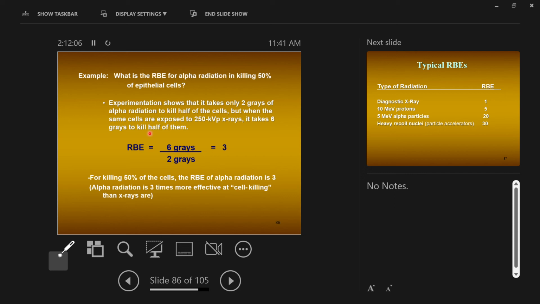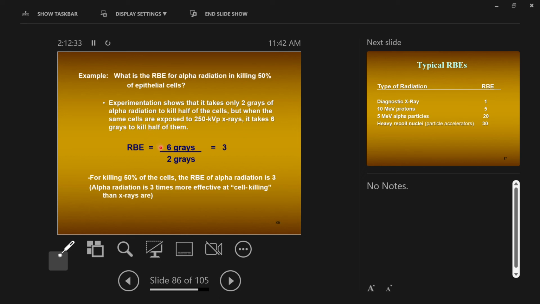Because the LET is lower for X-rays, right? So the fact that X-rays have a lower linear energy transfer than alpha radiation means X-rays are less harmful than alpha radiation. If you want to cause harm with one versus the other, you could use less alpha radiation to cause the same amount of harm as it would take much more X-rays to cause that effect, okay?